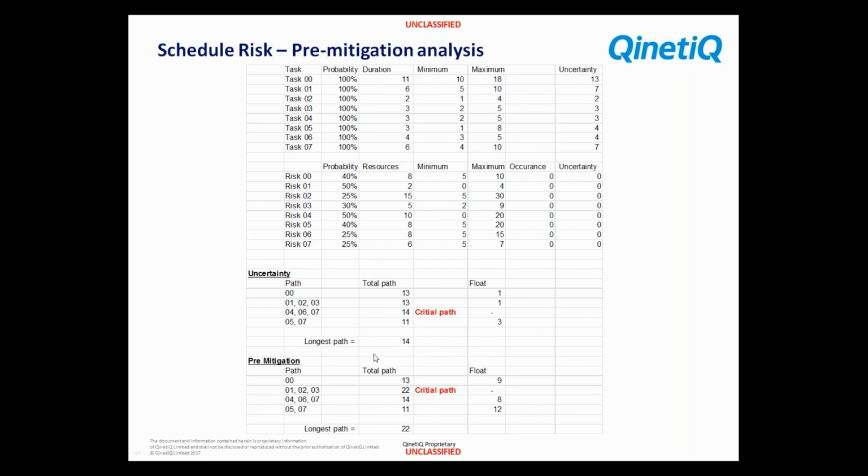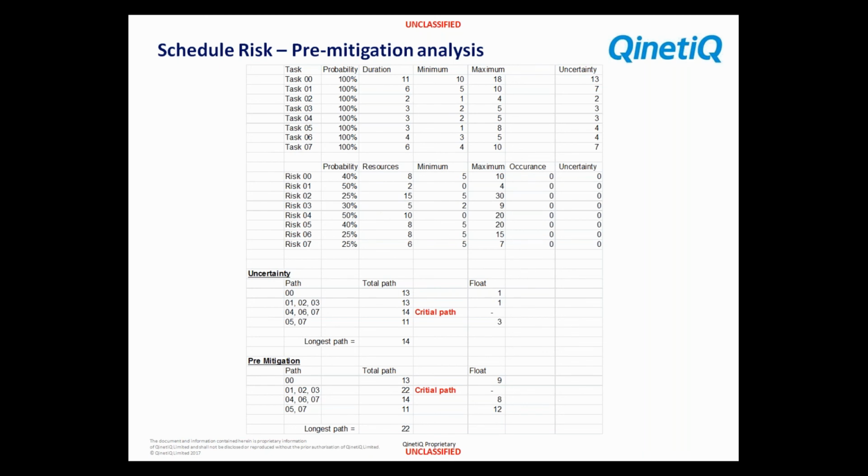So down the bottom here we have uncertainty as before, but we also have pre-mitigated risks now, transparent straight through from the risk register. So now we have a different outcome, and it looks like that path 1, 2, 3 is going to be the longest, most critical path in this simulation.